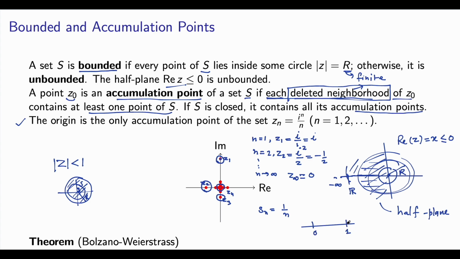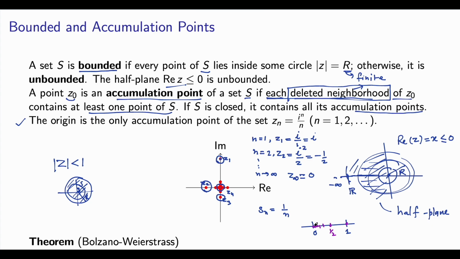The first point is here, and the second point will be at half. The third point will be at one third, the next at one fourth, and so on. You see this set is decreasing and reaching towards 0.